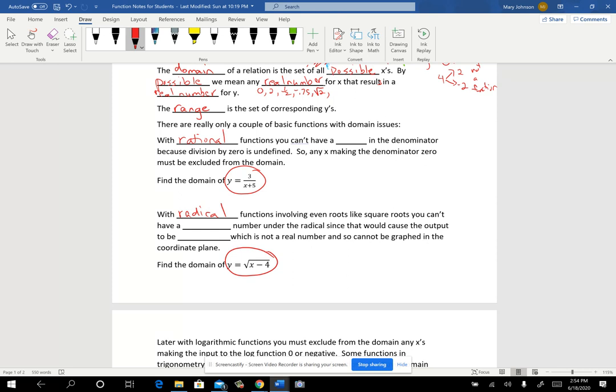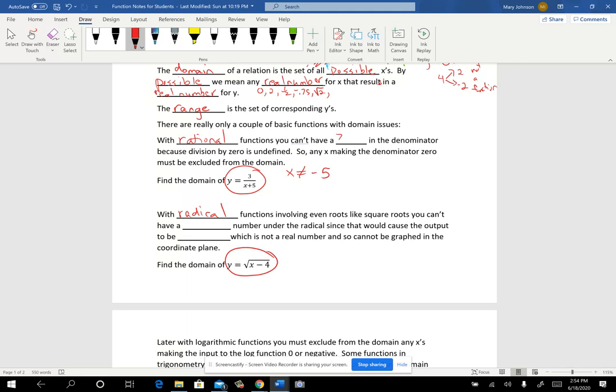All right, so rational functions. The issue there, you might even be able to tell when you look at this, is you have a fraction and you have a denominator. So, for instance, on this one, x better not turn out to be -5. Because if I put a -5 in for that x, I'm going to have 3 divided by 0.